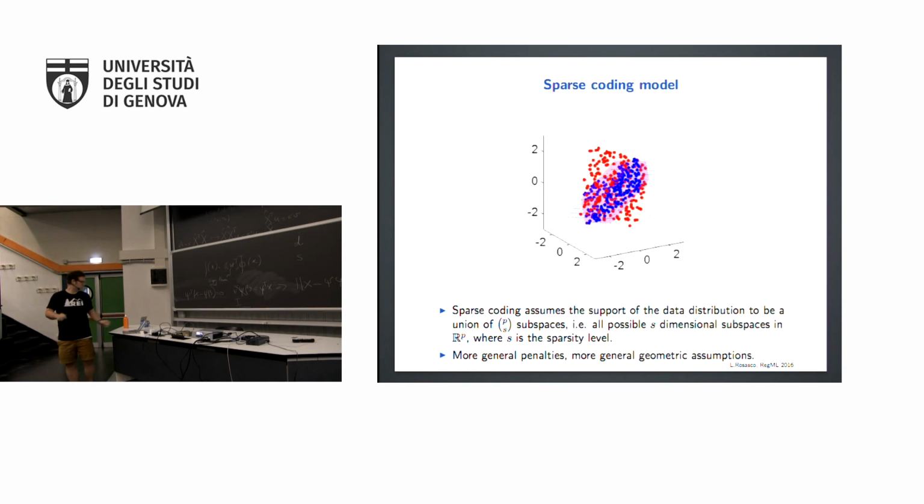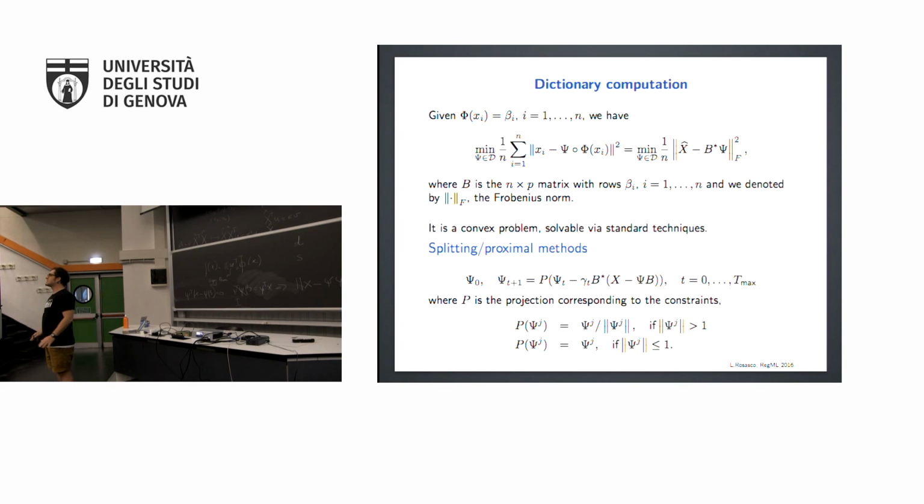So when you're doing sparse coding, you're assuming that the data lie on this tessellation of subspaces, each of dimension equal to the sparsity level, and at most d choose s of them. Notice, as a comment, that in everything I discussed so far I assumed things are linear, passing through the origin. We don't put the offset, only because it's very easy to add: either you add just one term in the gradient, or you can even do it in closed form.